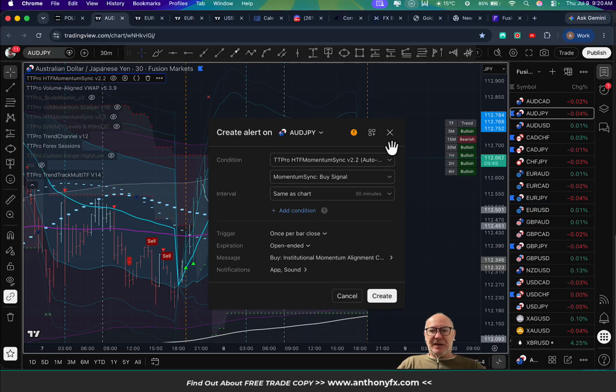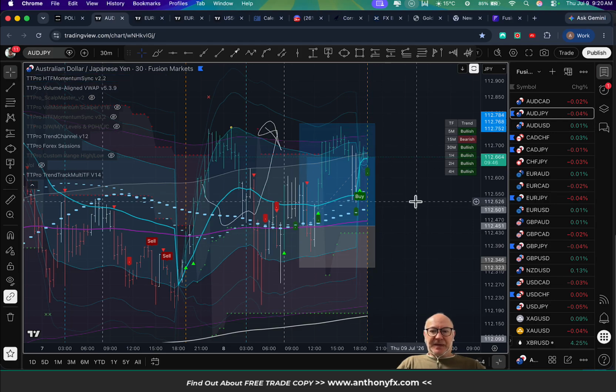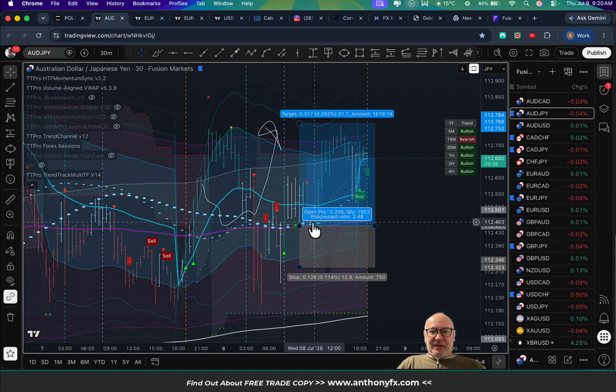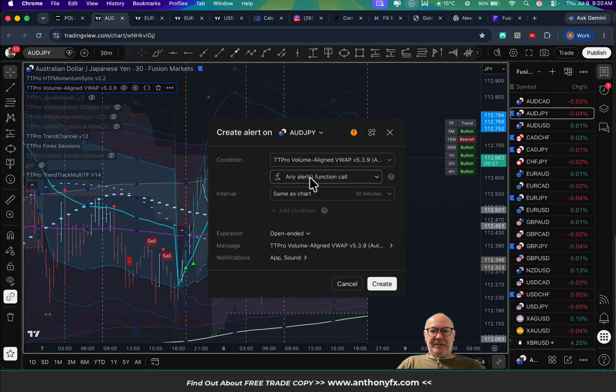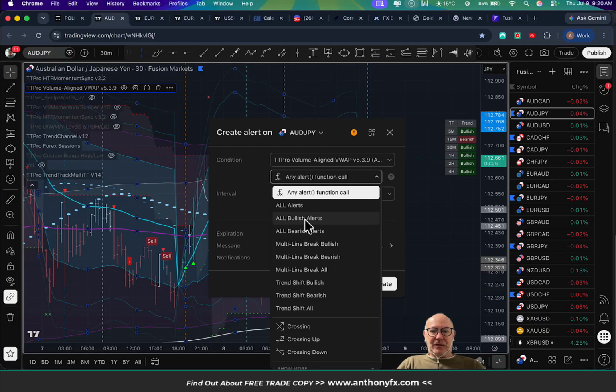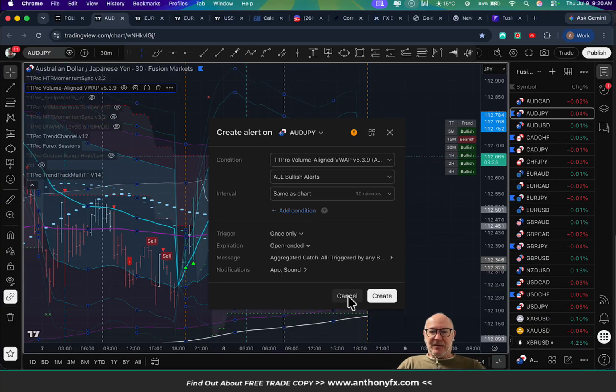On the 30-minute chart, set the next buy signal for the Momentum Sync and the VWAP. The VWAP will give you these up triangles and the green label, so you're just waiting for either one. It's the same thing: 3 dots, add alert, and you can go all bullish in this case.